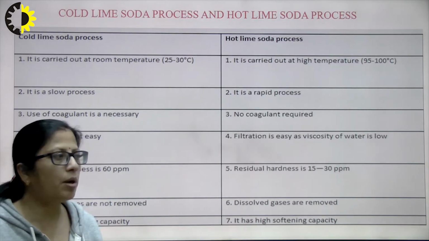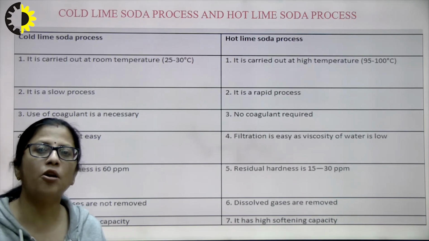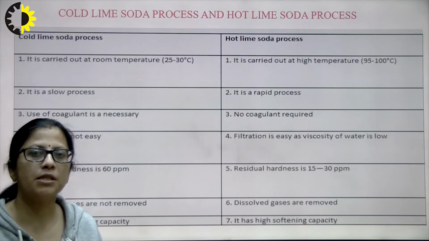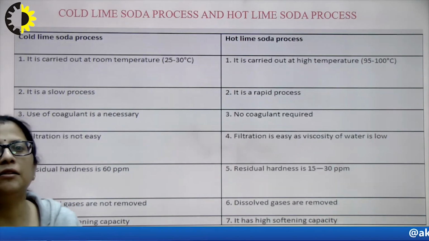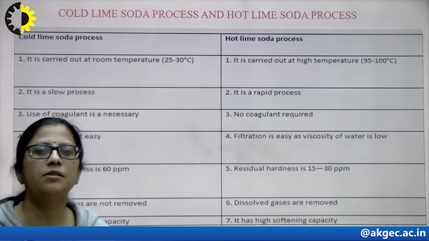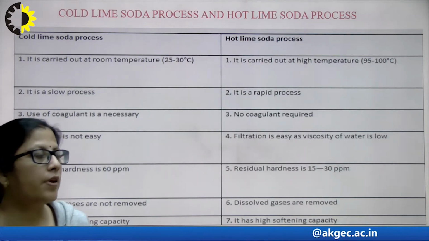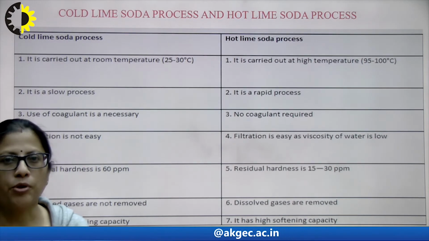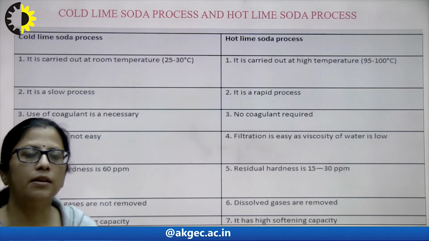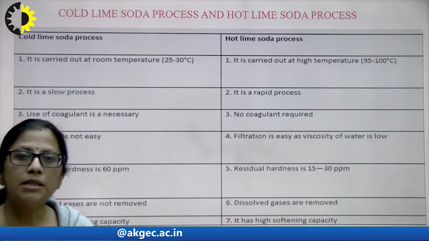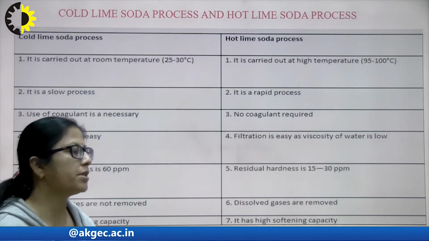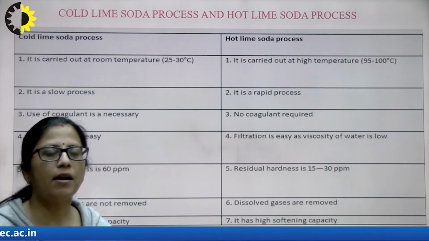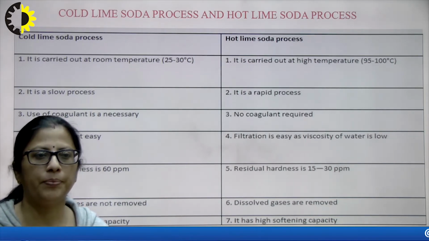In cold lime soda process, the filtration process is not easy, but in the case of hot lime soda process, filtration becomes easy as the viscosity of the water is lowered. The residual hardness which is left after the cold lime soda process is around 60 ppm. But in the case of hot lime soda process, the residual hardness left after the treatment is around 15 to 30 ppm.